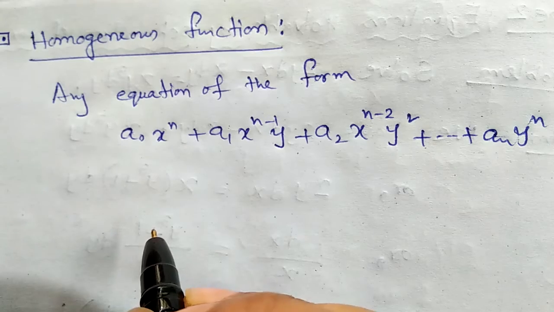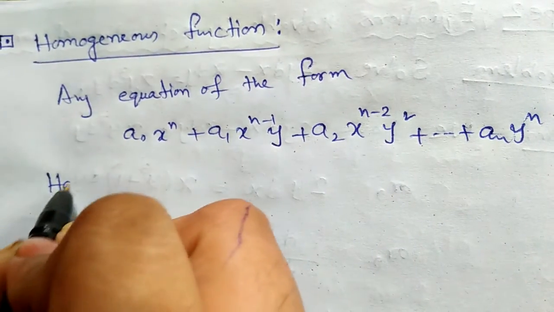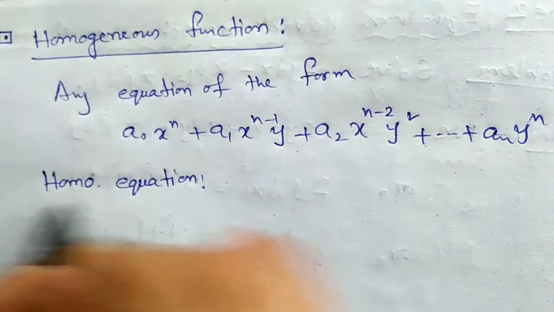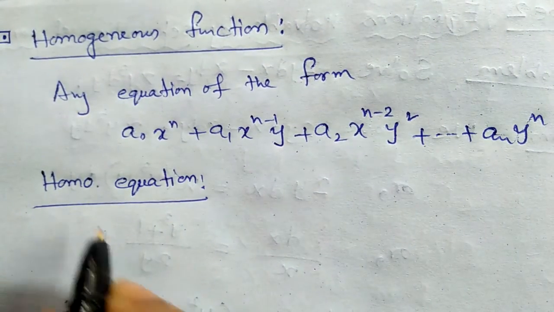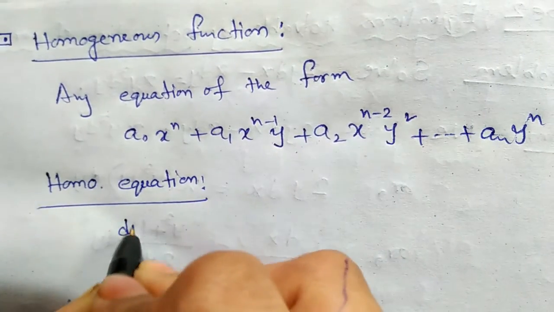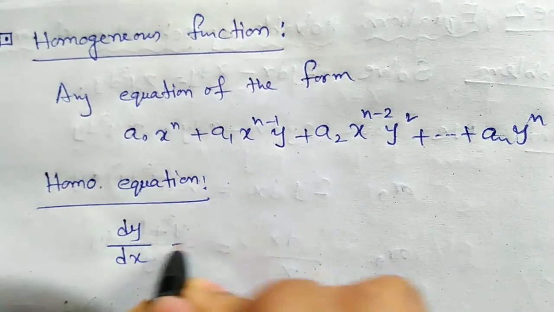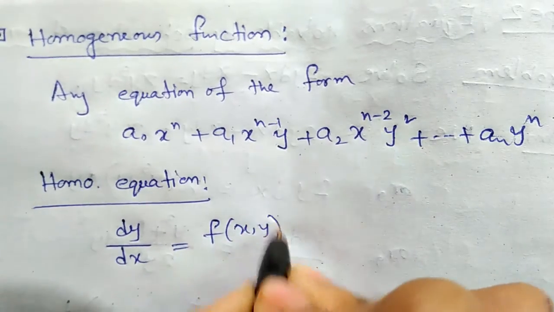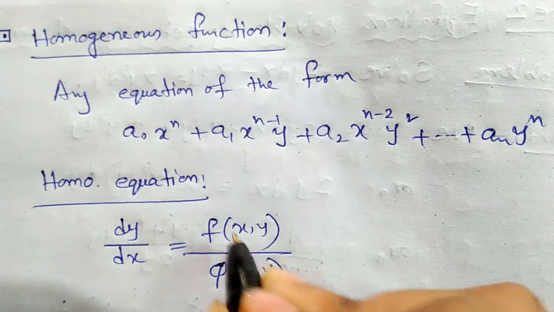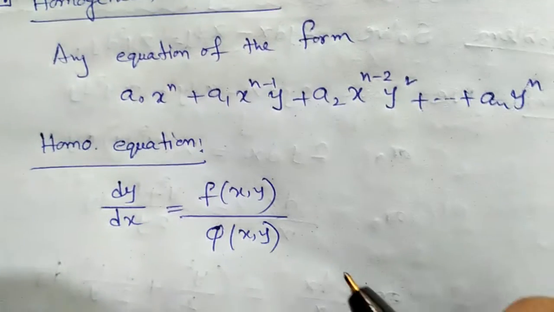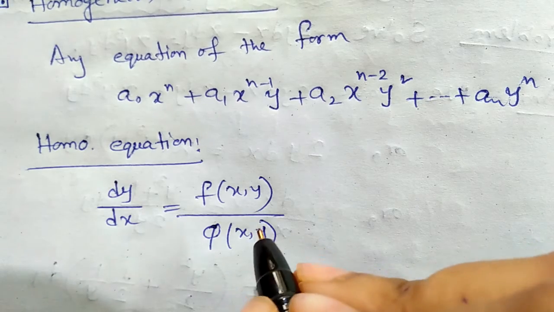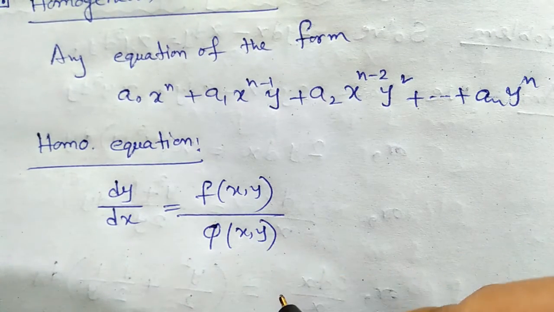Now coming to homogeneous equation. A homogeneous differential equation can be expressed as dy/dx equal to f(x,y) by phi(x,y), where the numerator and denominator, that is f(x,y) and phi(x,y), are homogeneous functions, that is they are of the same degree in x and y.